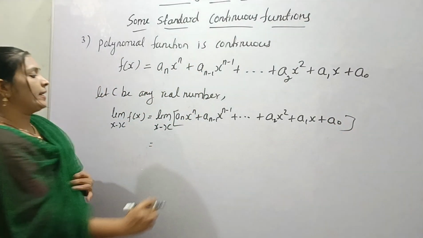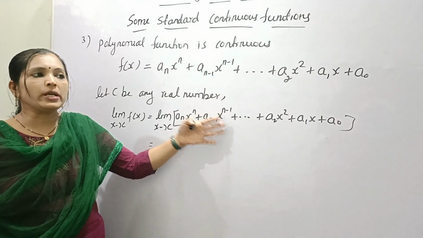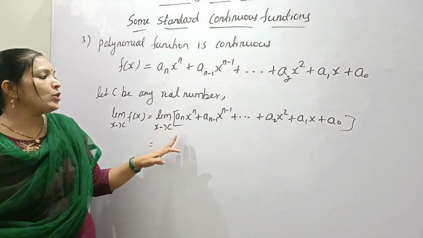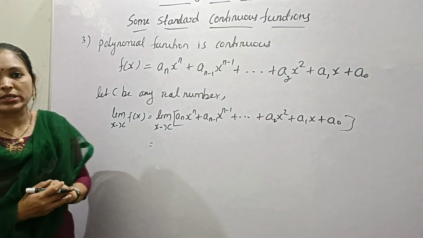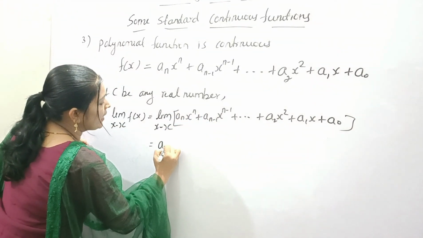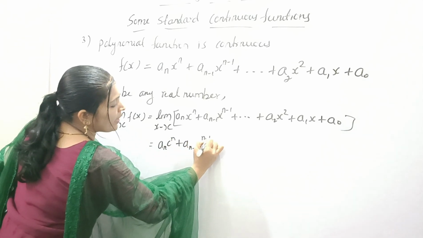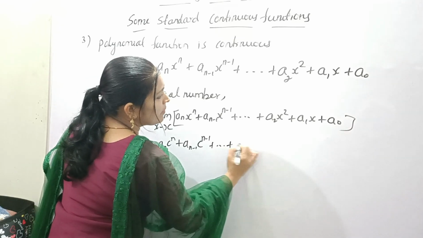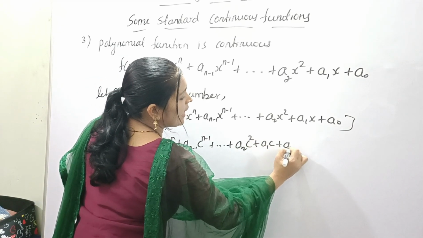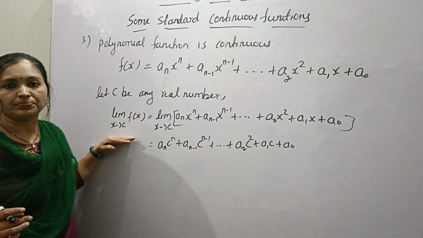Directly we can substitute x is equal to c, since we will not get a 0 by 0 form. After substituting x is equal to c, we get a_n c raised to n plus a_(n-1) c raised to n minus 1 plus etc. plus a2 c square plus a1 c plus a0. So that is limit x tends to c, f of x.